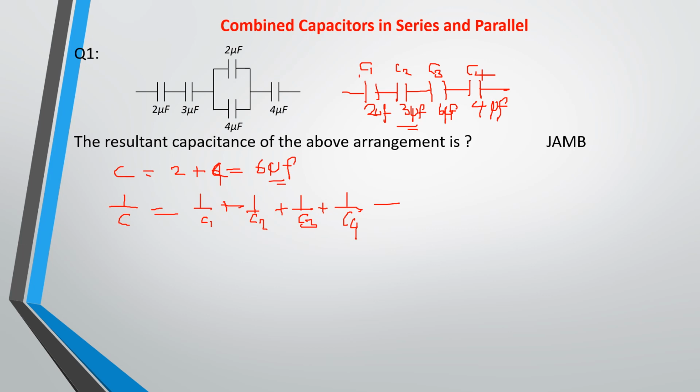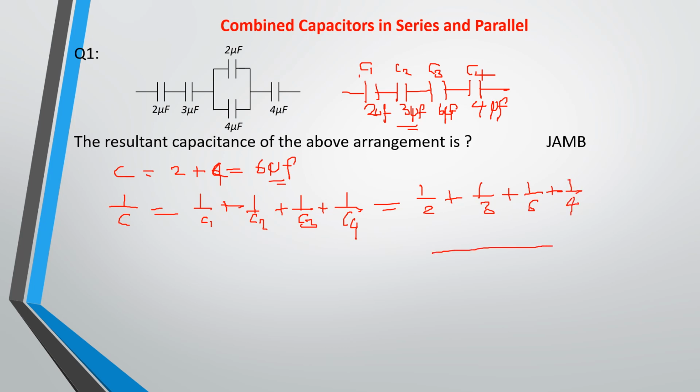Just put the values of the various capacitors into that place, so that you have 1 over 2 plus 1 over 3 plus 1 over 6 plus 1 over 4.